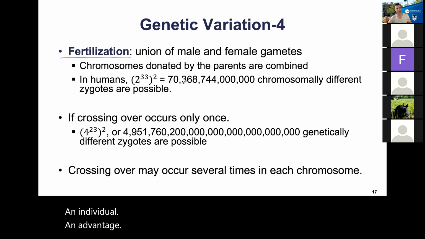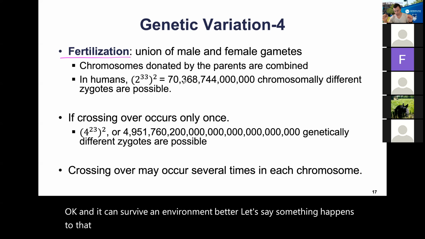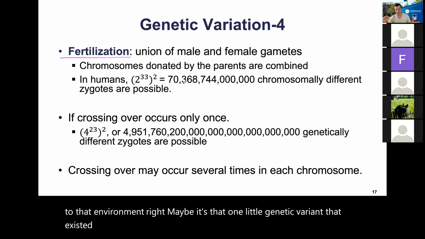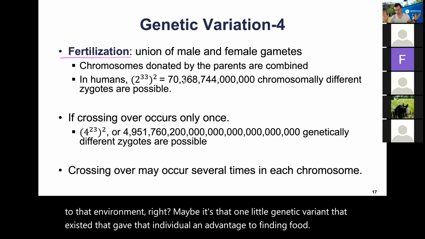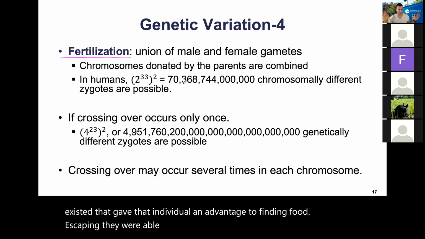Okay? And it can survive an environment better. Okay? Let's say something happens to that environment. Right? Maybe it's that one little genetic variant that existed that gave that individual an advantage to finding food, escaping, they were able to run just a little bit faster, jump a little bit higher.